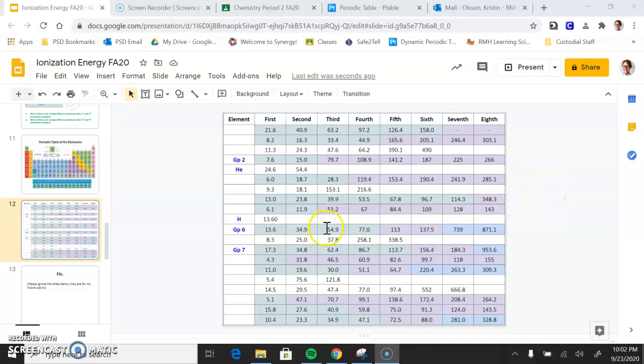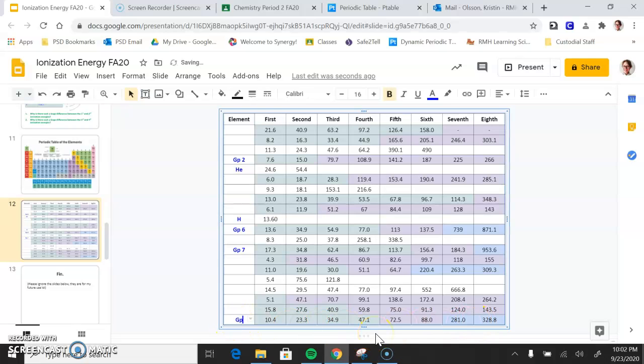So if we look down here, where we have another one where we go 4, and then 2, and then 2, that's going to tell me that's another group 6. So now we have to think about, okay, which group 6 is which? And this is where we're going to think about our periodic trends.